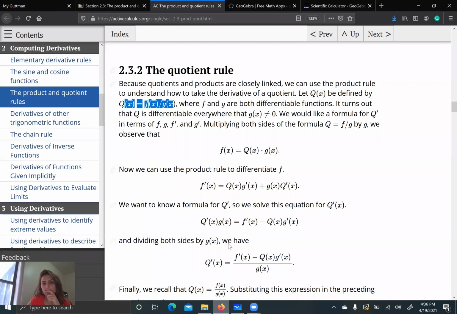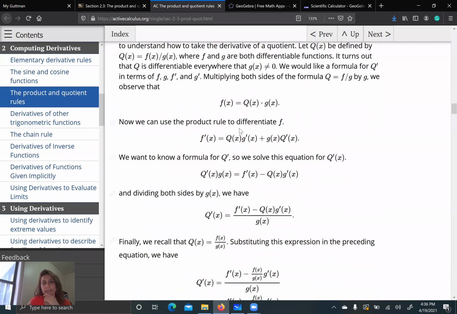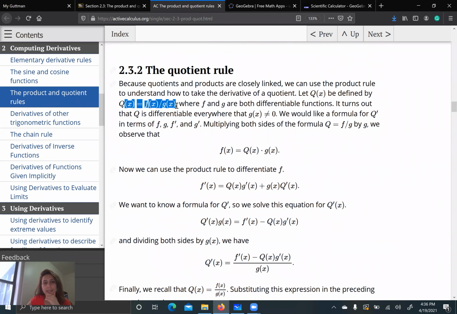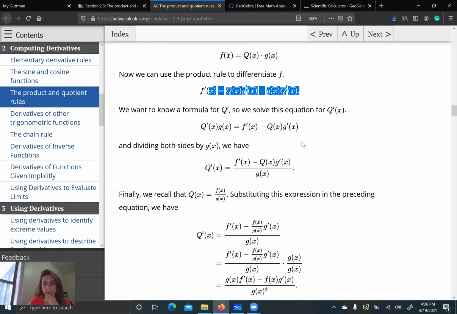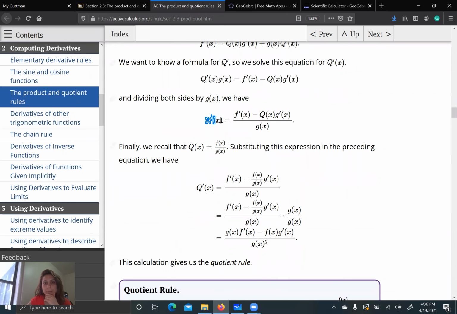So actually that is also here in your textbook, that if we rewrite this equation in a way that we have a function as a product of two functions, and then we apply the product rule, and then we solve this equation for q prime of x, then we are going to end up with this formula.